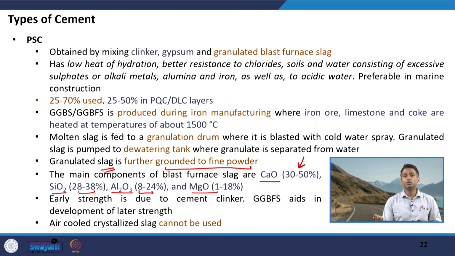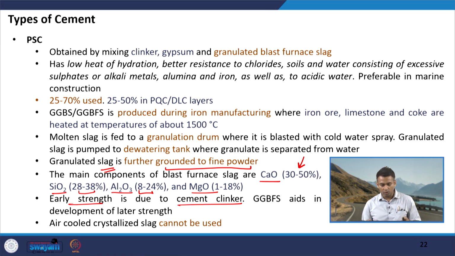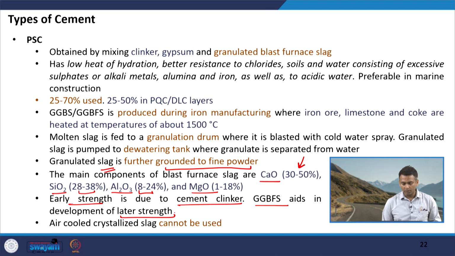Now, similar to what we have seen in case of fly ash, the early strength is due to cement clinker, because only after the production of calcium hydroxide will the pozzolanic material start reacting in the system and develop strength. So, GGBFS aids in the development of later strength. As I mentioned, air cooled crystallized slag cannot be used in this case.